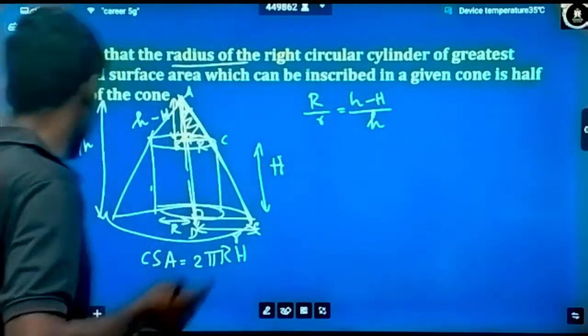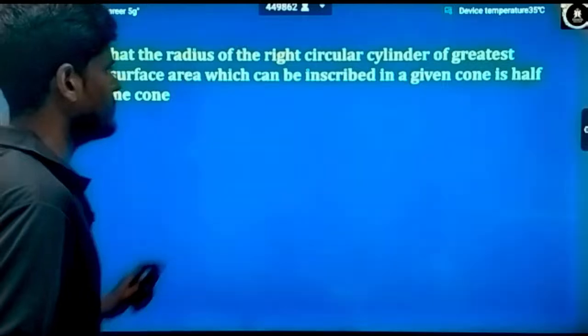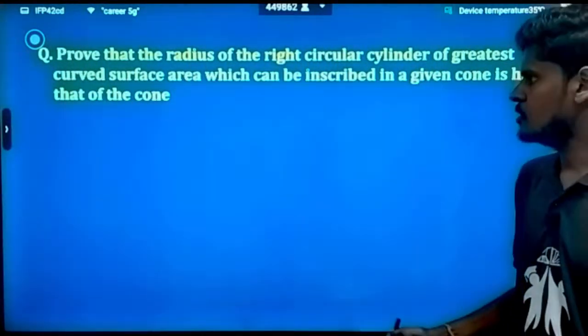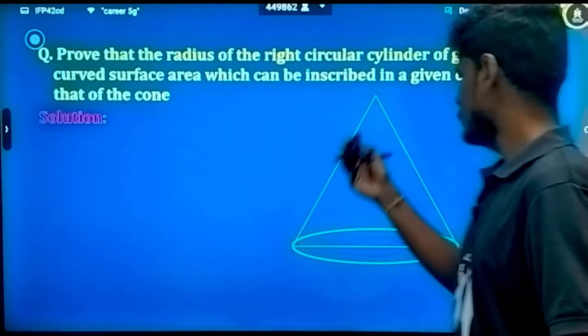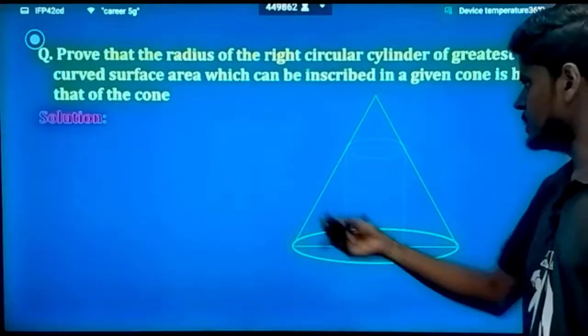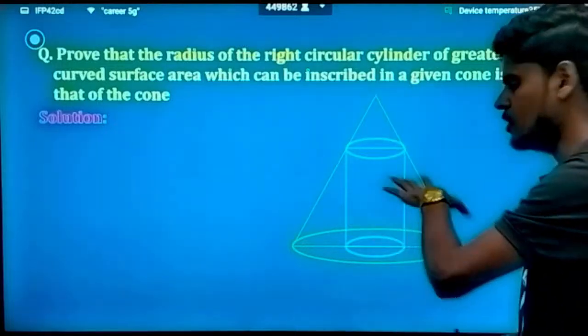We will discuss the solution directly as we are running out of time. Sir was waiting, so we will complete this by seeing the solution. We have a cylinder inscribed in the cone.